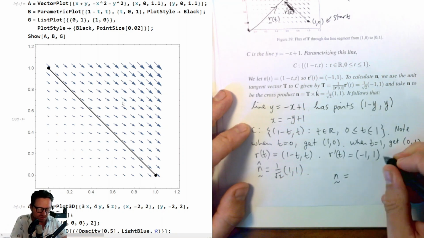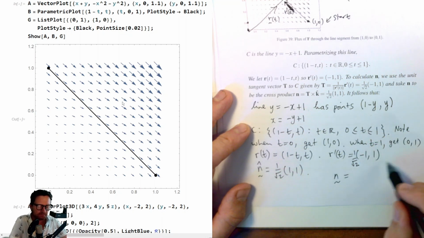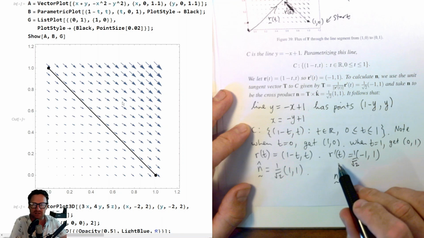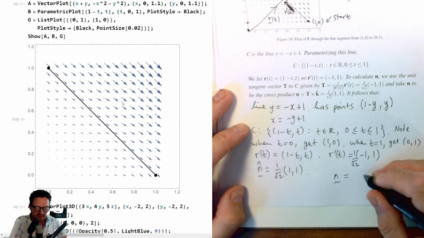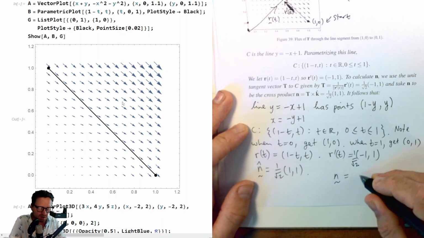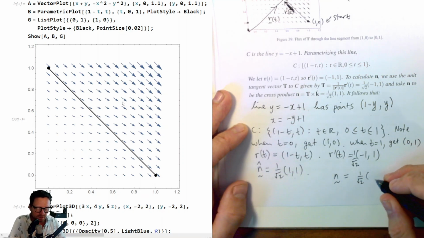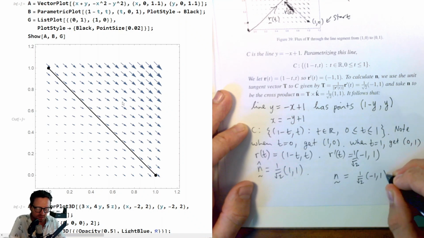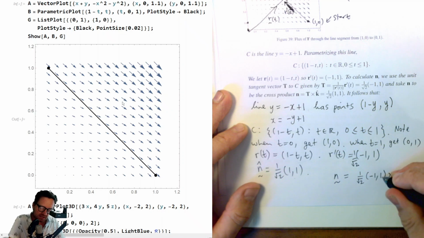And I can see I should have divided by the norm. So 1 on root 2. Okay, so that this has unit length, unit magnitude. All right, so now let's calculate the cross product so you can see that you get this of minus 1, 1 cross k, but actually I need to add another component to make this 3D.